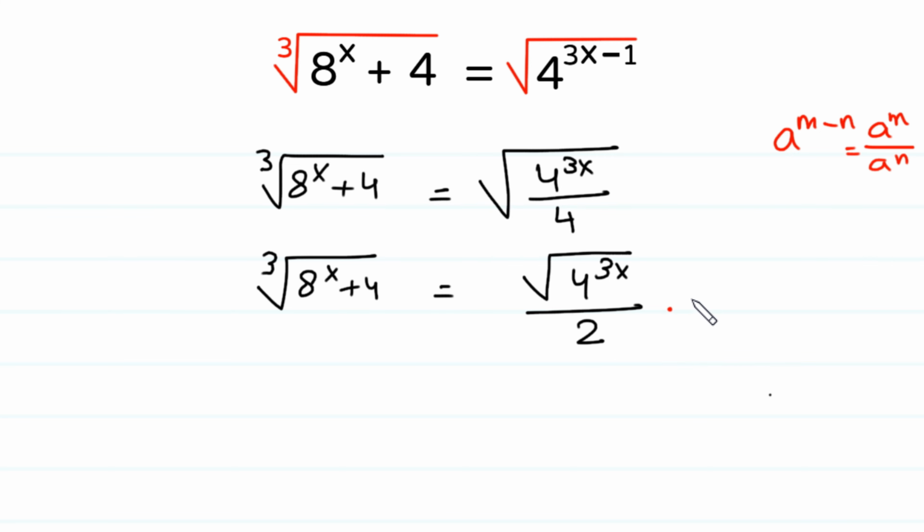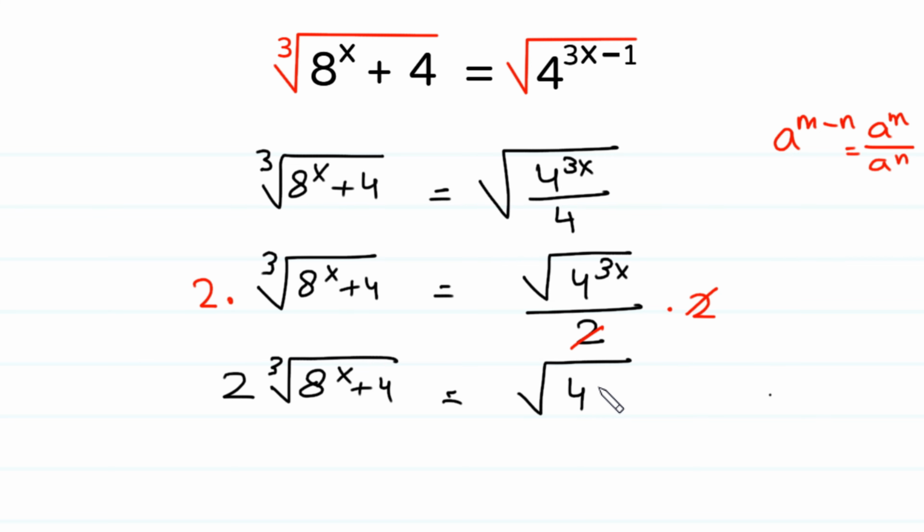At right side multiply by 2, left side multiply by 2. This 2 will be cancelled with this 2, and here left 2 times cube root of 8 to the power x plus 4 is equal to square root of 4 to the power 3x.